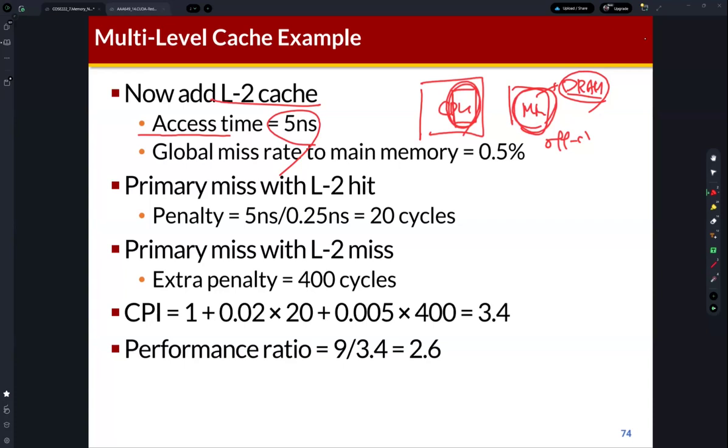So caches are much faster than the main memory. The main memory is off chip, outside of the CPU, and the caches are inside of the CPU chip. Also, we use SRAM for the cache memory cells, and SRAMs are also faster than DRAM, right?